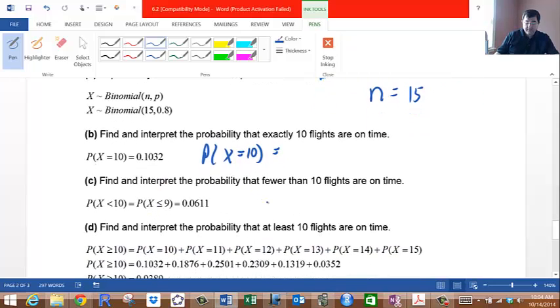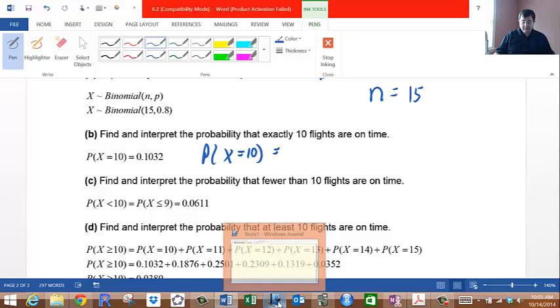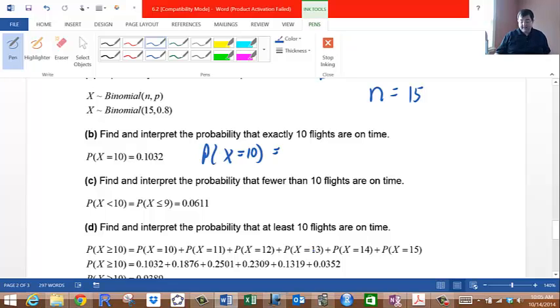So find the probability that fewer than 10, okay, so number of flights x is less than 10, fewer means that x is less than or equal to 9. So 0 flights plus 1 flight plus 2 flights plus 3 flights, and so on and so forth. So this is what we want to do, is add everything from 0 up to 9. So we'll go over here and add everything from 0 up to 9.